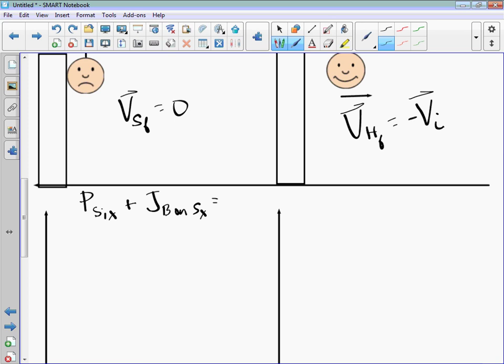And depending on what that block provides as an impulse, we're going to get a momentum of the sad ball final in the x direction. It's going to look similar over here with the happy ball. We're going to have a momentum of the happy ball initially plus the impulse of the ball, or the board, I'm sorry. That's where it gets confusing. B for board. Board on happy ball in the x direction is going to be equal to the momentum of the happy ball final in the x direction.